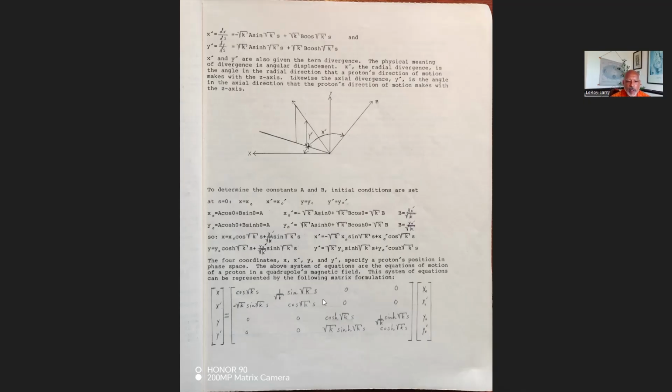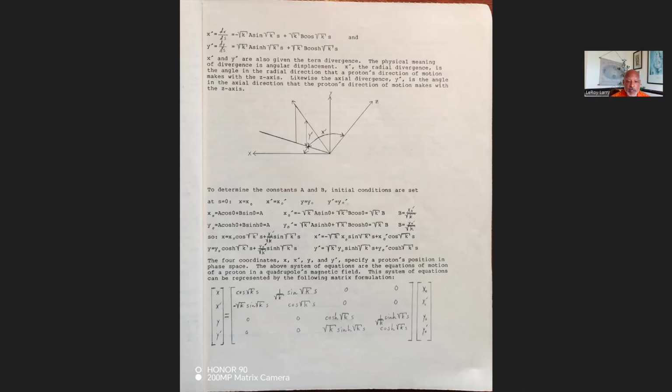Okay, now, here comes our 4x4 matrix. Because we have 4 elements, we need a matrix that's 4x4. If we had 2 elements, let's say we just had x and x prime, then we would only need a 2x2 matrix, okay? But we have 4 elements, so we need a 4x4 matrix to express the effect of a quadrupole magnet on the motion of the proton in phase space, okay?